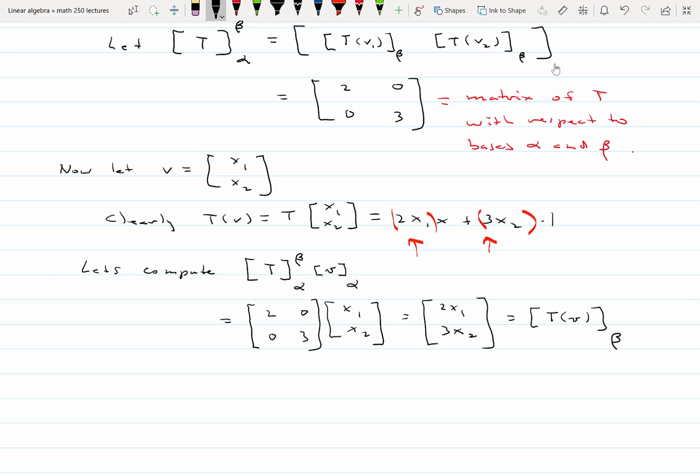They're 2x1 and 3x2. So multiplying this matrix of T with respect to bases alpha and beta times the coordinate vector of V with respect to alpha doesn't give you T of V itself. It gives you the coordinates of the result.